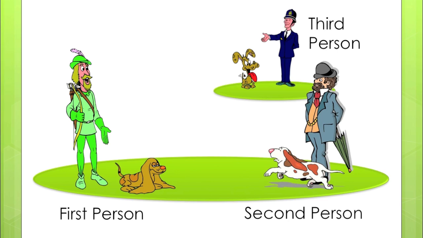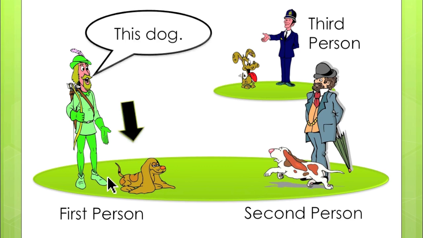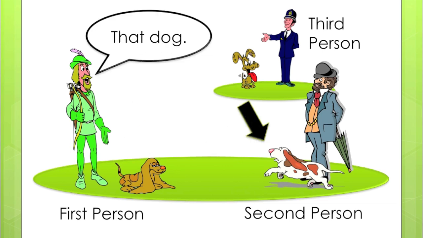Now let's see how the demonstrative pronouns work with this scheme. So let's say that Robin wants to talk about the dog here in the space of the first person. He will say, this dog. That's because this is the demonstrative for things near the first person. On the other hand, if Robin Hood wants to talk about this dog over here in the space of the second person, Robin Hood will say, that dog.